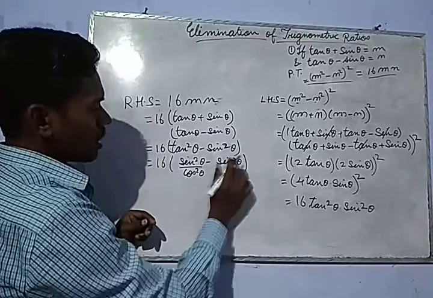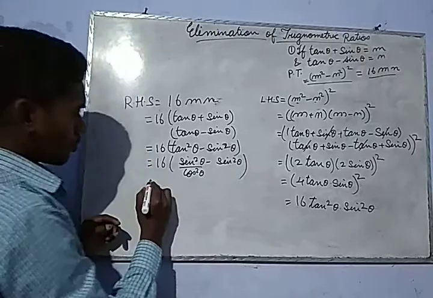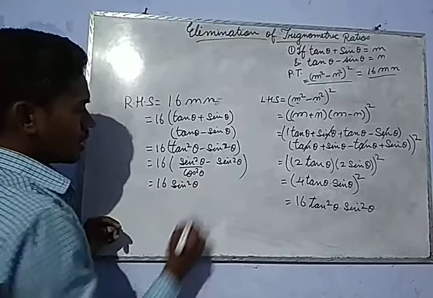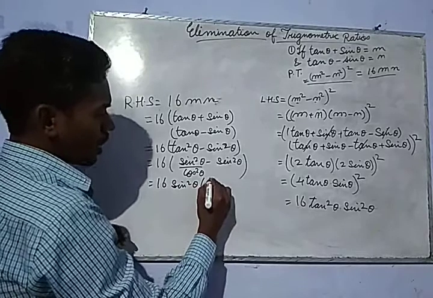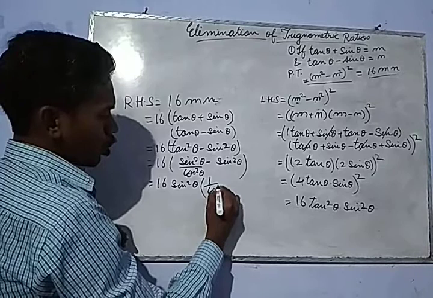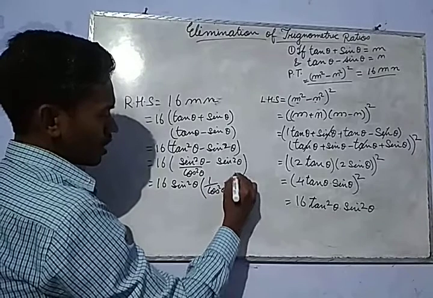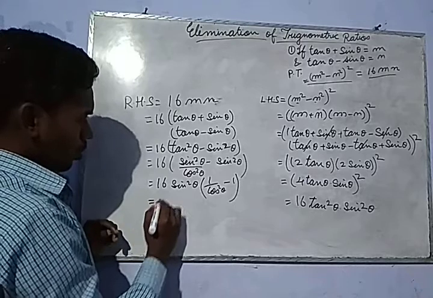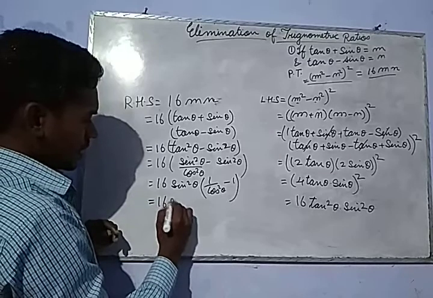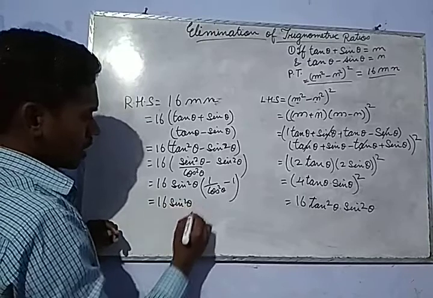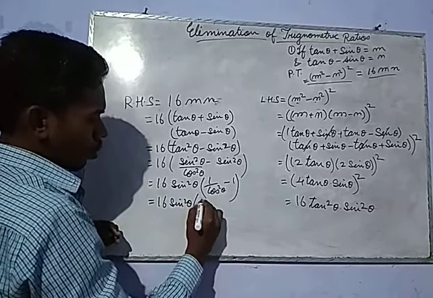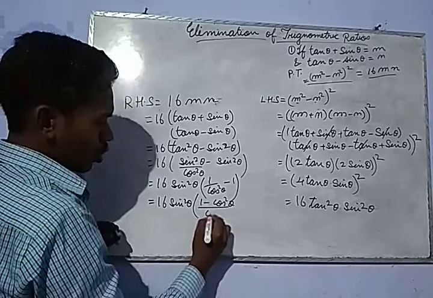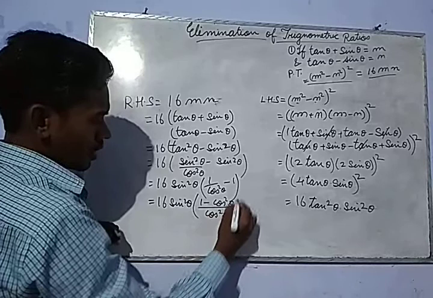We take sine square common: 16 sine square theta bracket, what do we get? 1 by cos square theta minus 1. When we solve it, we get 16 sine square theta bracket 1 minus cos square theta by cos square theta.